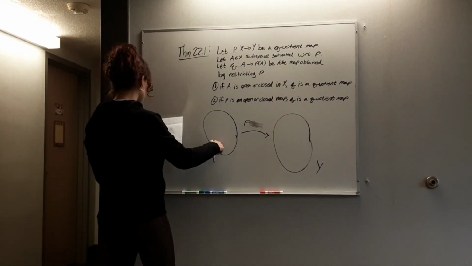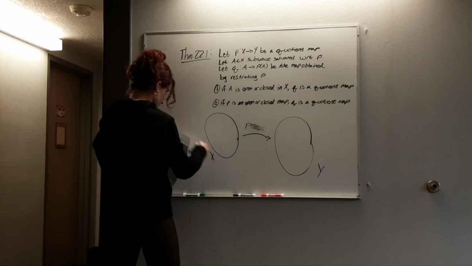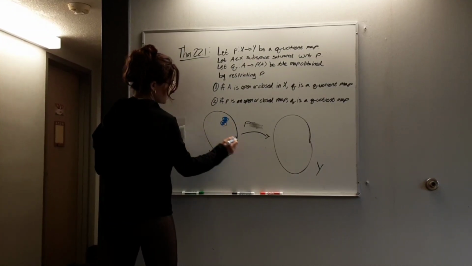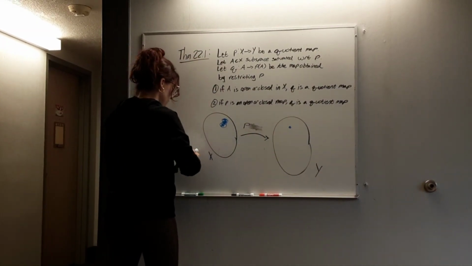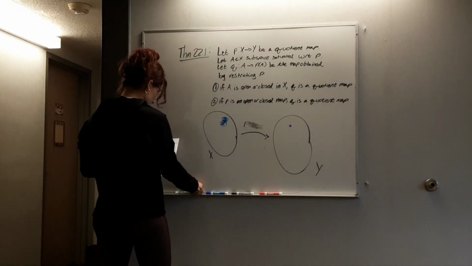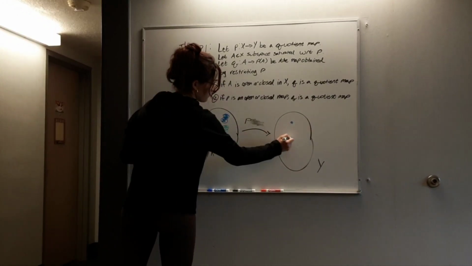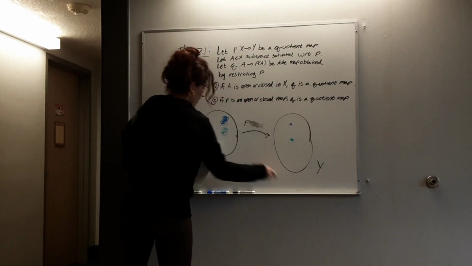And then inside of X, we have these sets that go to points in Y. So we're going to have a blue one, we'll have a green one, and we'll have a red one.